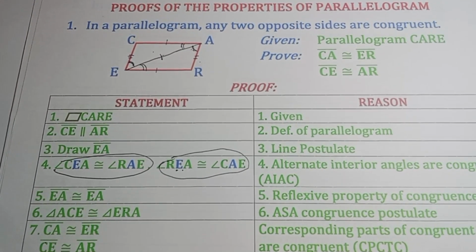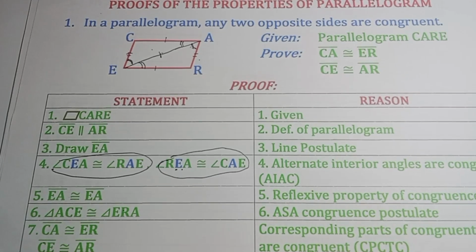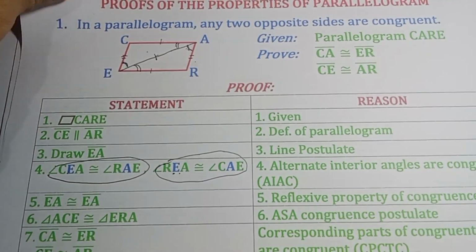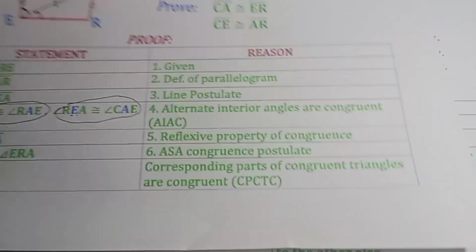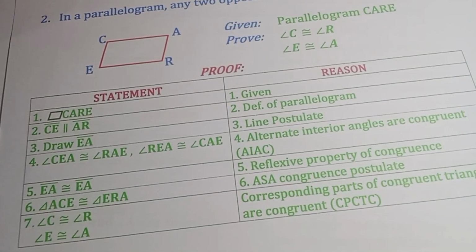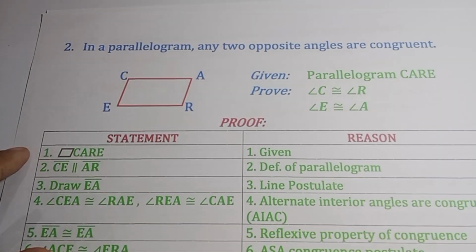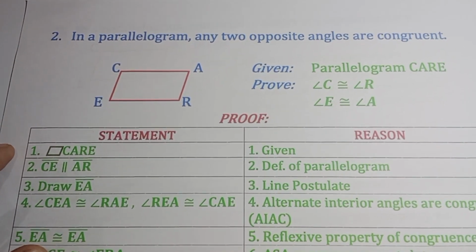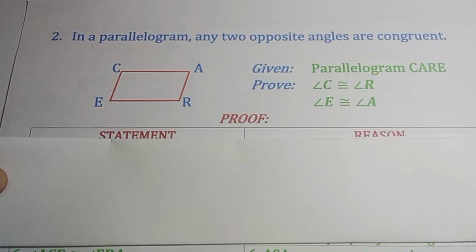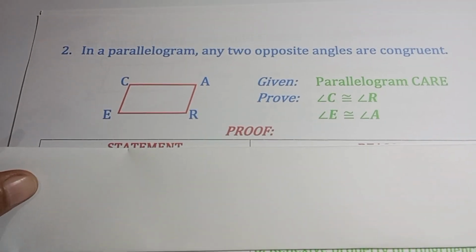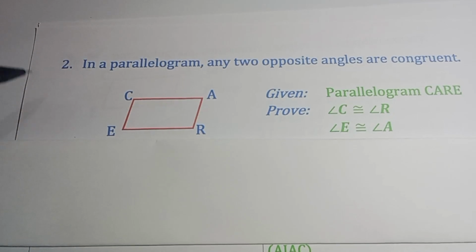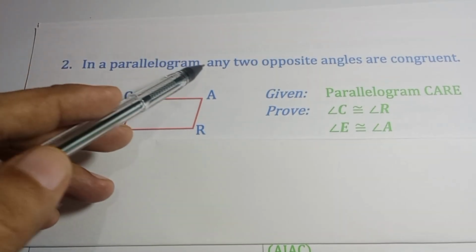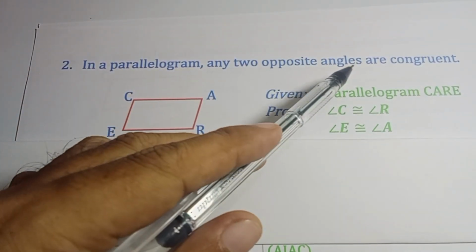Okay, let's proceed to the second property. This is the second property of parallelogram. Let's cover the other text, not to be disturbed. Okay. So we have this. In a parallelogram, any two opposite angles are congruent.